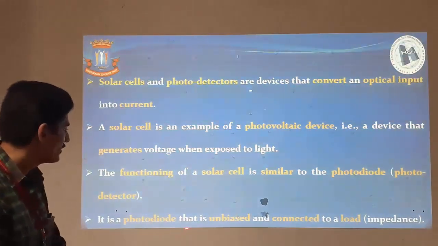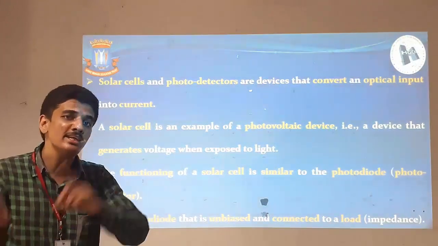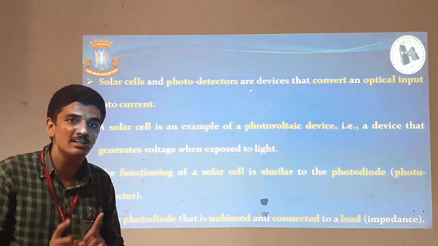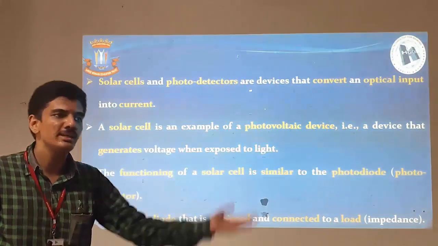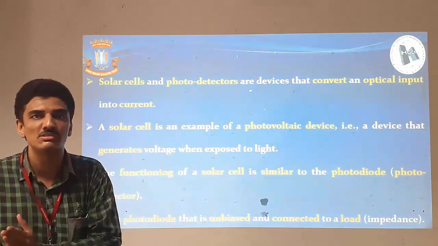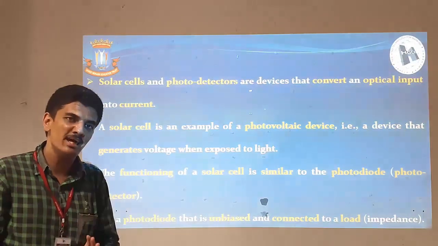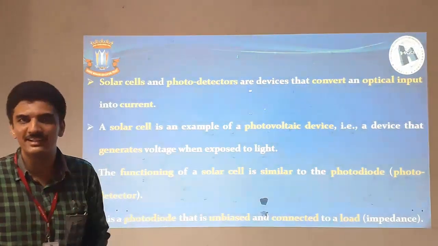It is a photodiode that is unbiased. Unbiased means you are not applying any external voltage to the solar cell. Remember, this is very important. Unbiased means we are not connecting any external electric energy source, because the concept is to convert the light energy, the photon energy, to an electrical energy.